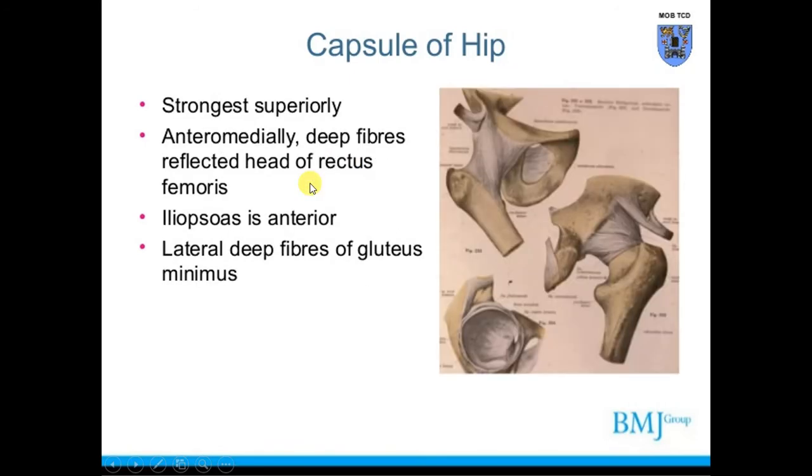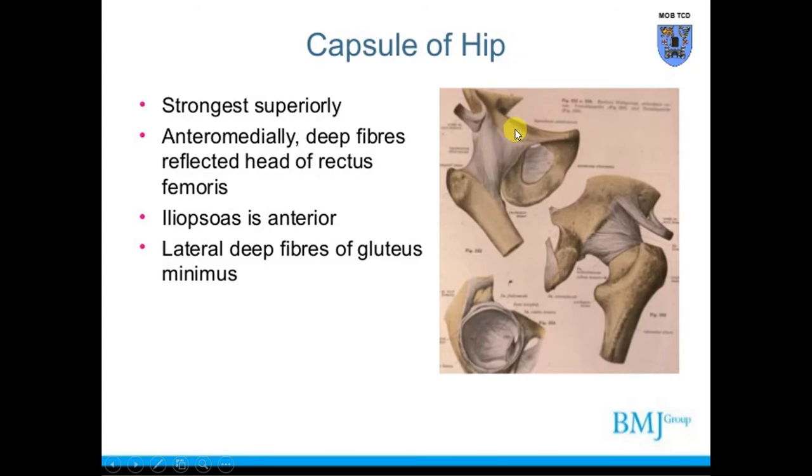Again, we see the capsule is strongest superiorly. Anteromedially there are deep fibers, the reflected head of rectus femoris, and iliopsoas will also be anterior, and laterally the deep fibers of gluteus maximus will be there.